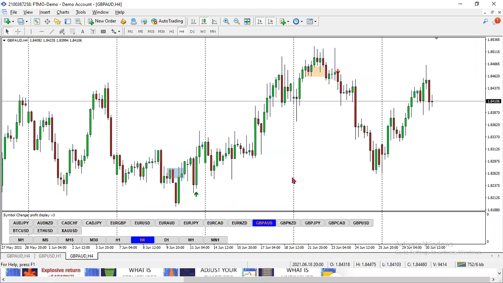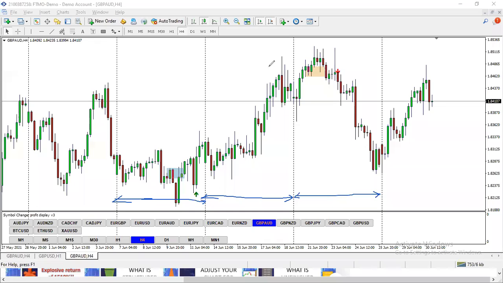Now, these vertical lines you're seeing delineate the start and end of a particular week, right? So from this dotted dash line to this dash line is 1 week, and this dash line to this dash line is another week, and you can see that like that, 1 week, because we're in the 4-hour time frame, right?